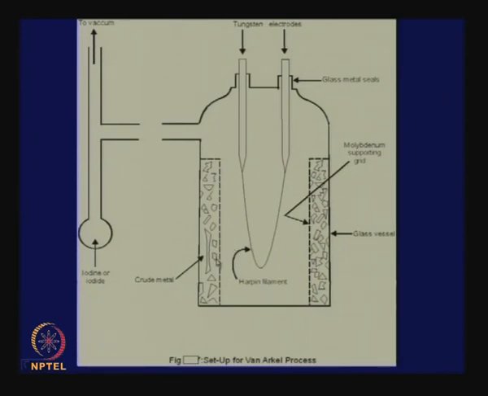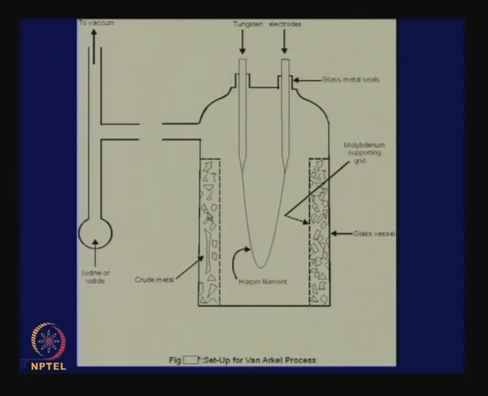So, in this chamber tungsten iodide vapor will form, and when it goes and hits the filament, in this region it gets heated. So, pure tungsten is deposited, and then iodine vapor is rejected. The iodine vapor will keep coming here, react to form tungsten iodide, move there, and get decomposed, and tungsten will deposit.